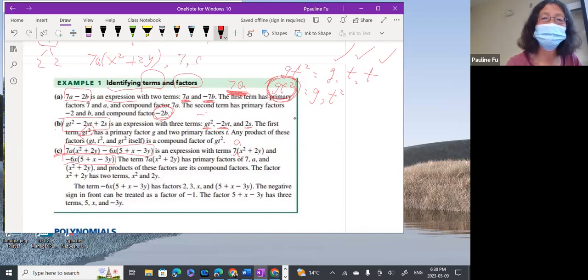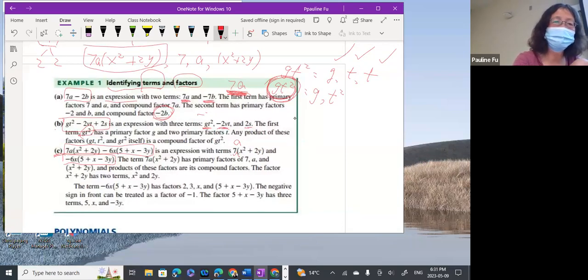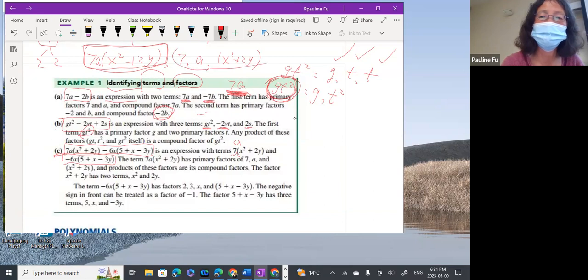7? Excellent, thank you. So this is the primary factor. Now, if I ask you to identify the compound factors for this one, those are the primary factors.